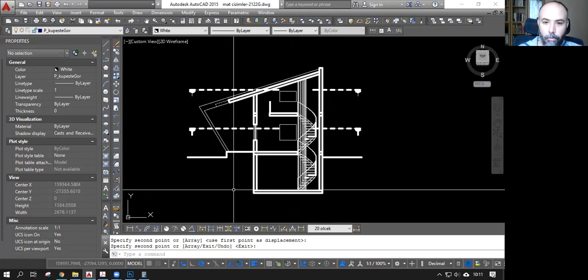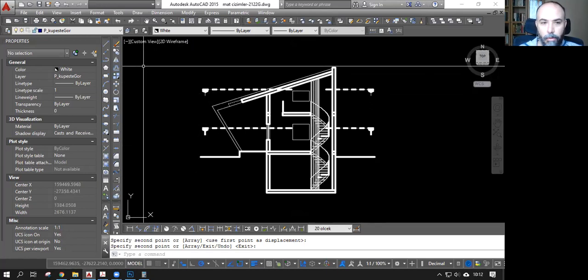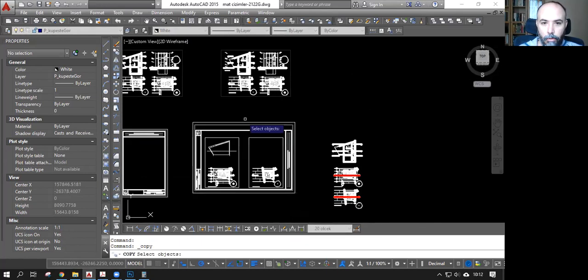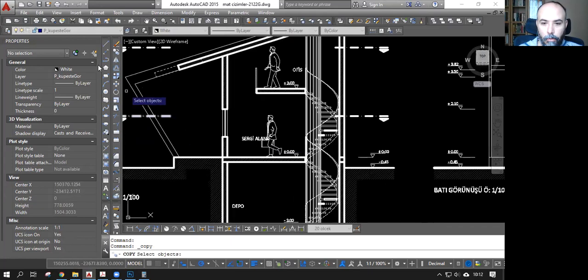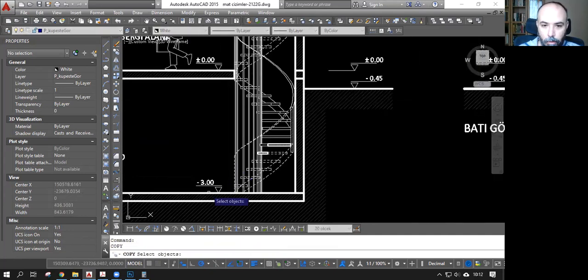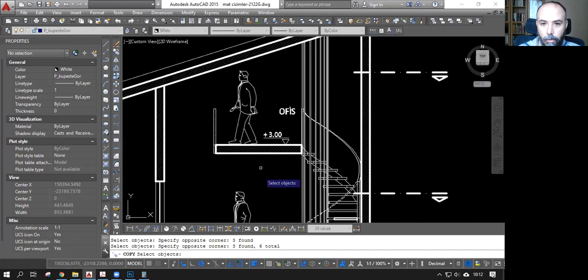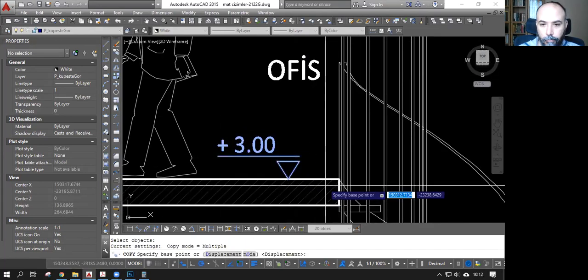First of all, the most important thing is the levels. So let's do them. I'm going to get the level mark. First of all, we need to do the levels of the floors, starting from the basement floor, the ground floor, and the first floor.